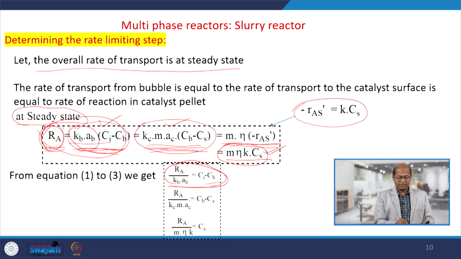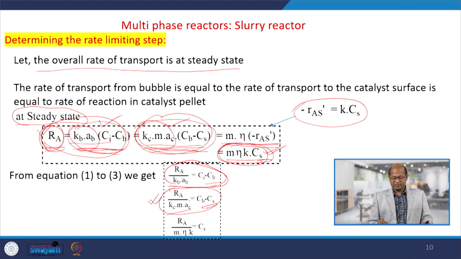Similarly, Cb minus Cs is kept on the right hand side, and dividing RA by Kc, Ma and Ac on the left we get this. Similarly, for eta k Cs, we put Cs on the right hand side and divide RA by A eta k. So at steady state the rate is written this way.